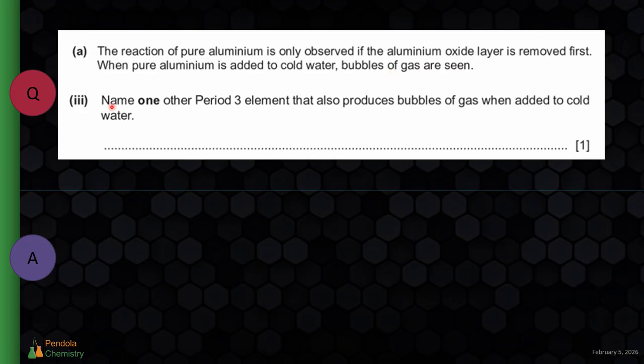Because what they're asking us is, what other period 3 element also produces bubbles of gas when added to cold water? So we're looking for a reaction. This is basically rote memorization. Which element reacted with water in period 3 to create a gas, to create bubbles, right?